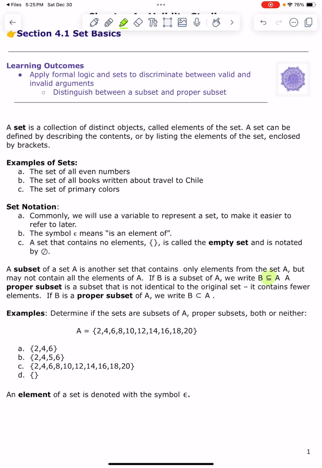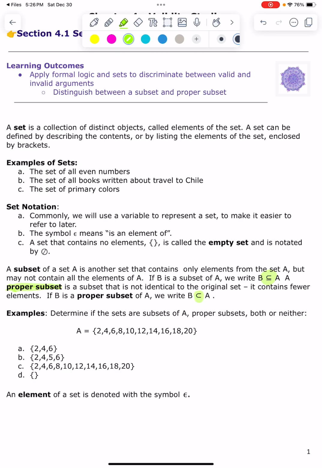And then a proper subset is still a subset, but it doesn't have all of the elements of A in it. So we're going to be doing some examples with that. So it's a subset that's not identical to the original set. It contains fewer elements. And then that has its own special symbol.